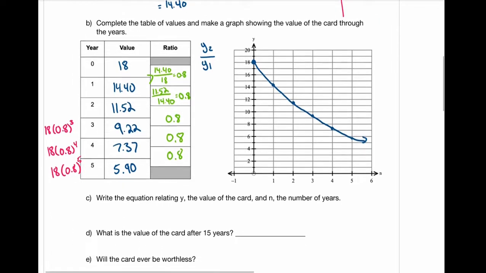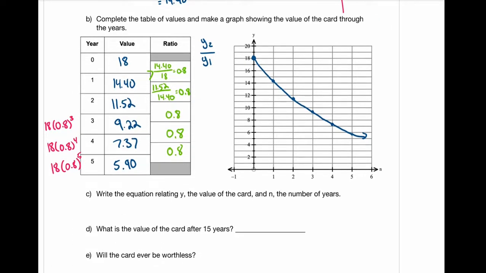Write the equation relating y, the value of the card, and n, the number of years. So very similar to what we looked at before, we had to multiply the original value, 18, by 0.8 to the power of n, or how many years we are looking at.